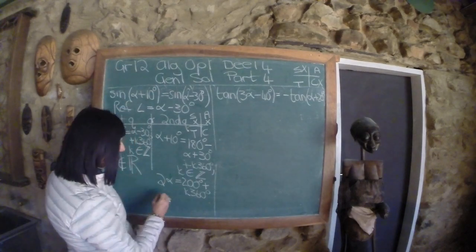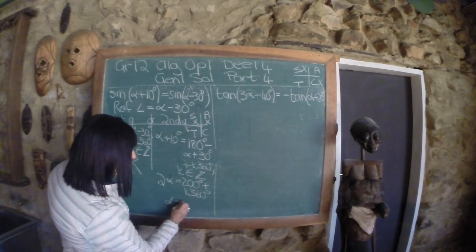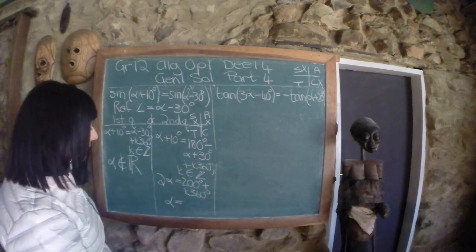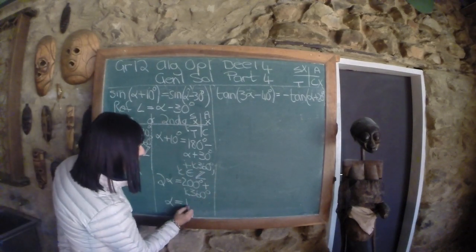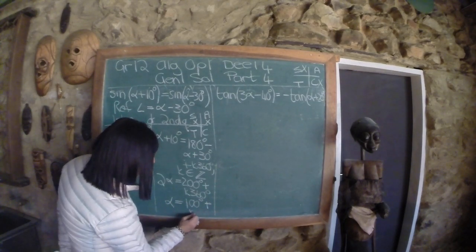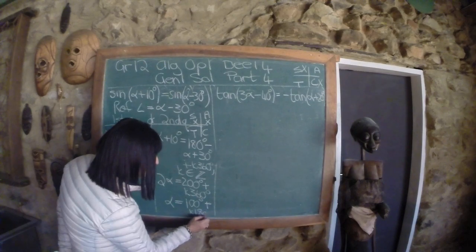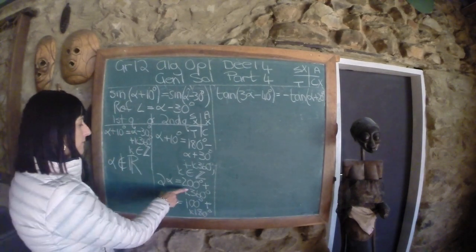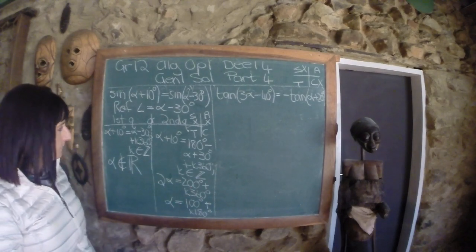I can divide everything by 2 to get my alpha angles in the second quadrant and cycle it on as 100 degrees plus k maal 180 grade, want ek deel alles met 2, nie net die 200 grade.